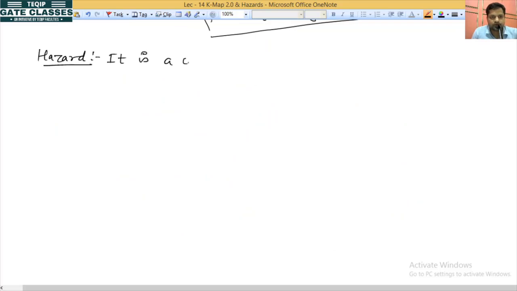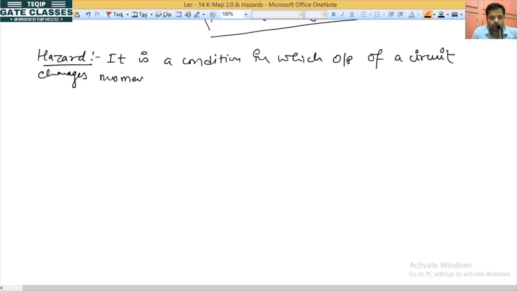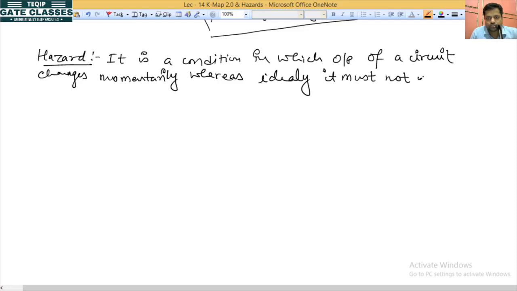It is a condition in which the output of a circuit changes momentarily, whereas ideally it must not change.